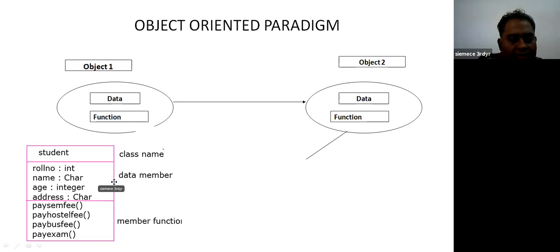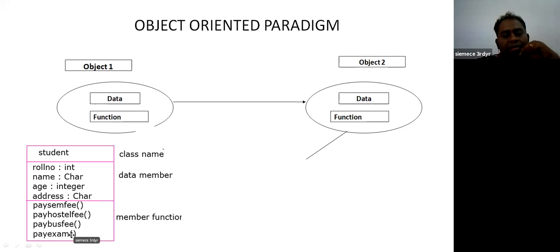Then another part is for the data members, where student roll number, student name, student age, student address are stored. And this is the third part where the member functions are defined. Here you'll see that student is going to pay the semester fee, the hostel fee, the bus fee as well as the exam fee. Till here, is it clear to you all?